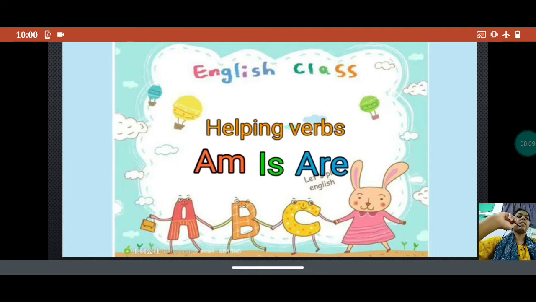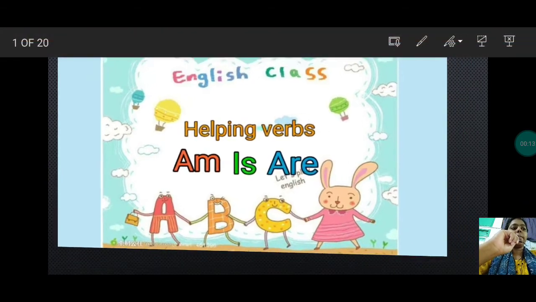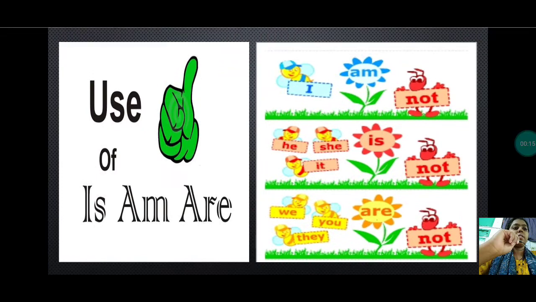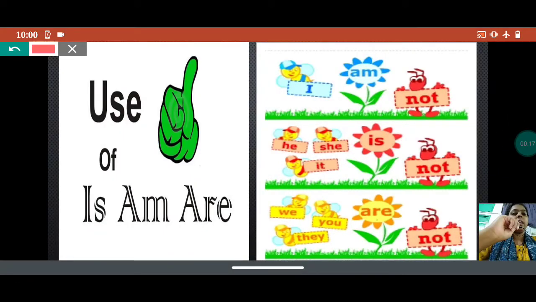So let us see where we can use is, am and are. First of all we will see the use of is, am and are. I is always used with am.